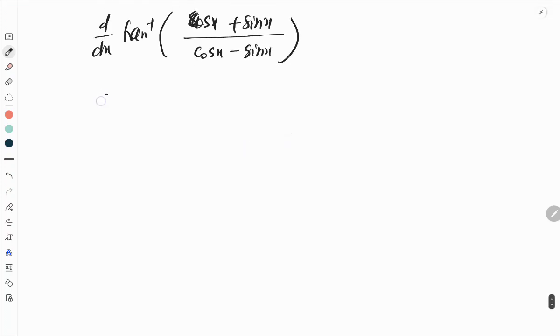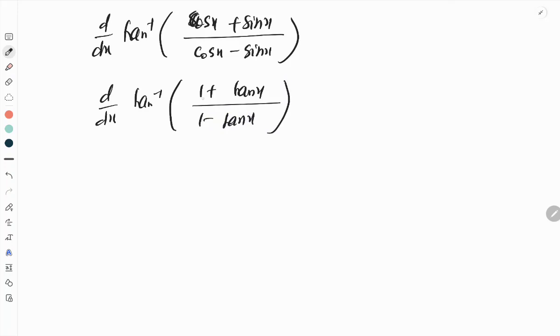In trigonometry you have seen d by dx of tan inverse. Divide by cos x in numerator and denominator: 1 plus tan x upon 1 minus tan x, and 1 I can write as tan pi by 4. Then tan pi by 4 plus tan x upon 1 minus tan pi by 4 into tan x, correct or not? In this type of question, first solve this one, try to make tan.